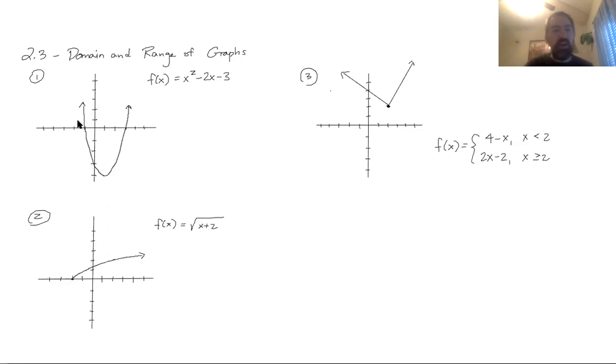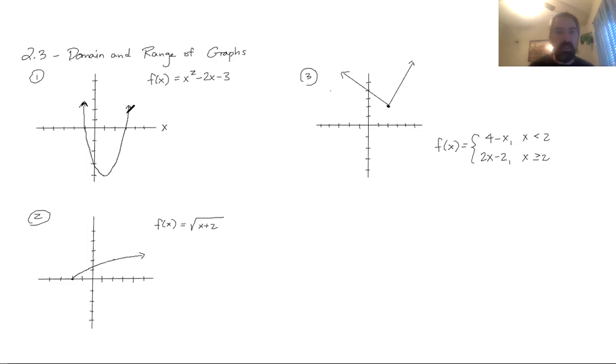So the domain is all possible x values. We can find this by reading the graph from left to right. Since the x-axis is the horizontal axis, we're going from left to right. And so we're asking, what is the smallest x value that this graph can be? Now, these arrows just represent that it keeps going, right? This is a picture of the graph, but we can't draw the entire graph.